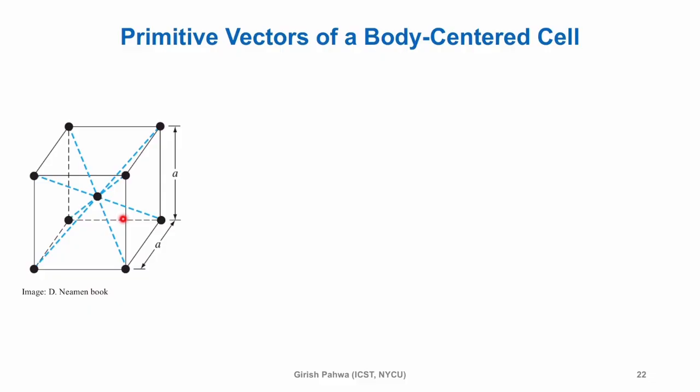So there exists a volume which has only 1 point, but we don't know the shape of that. But we can calculate the volume of that. That will be A cube by 2, right? 2 points have A cube, so 1 point will have A cube by 2. So now I know the volume of that repeating cell.